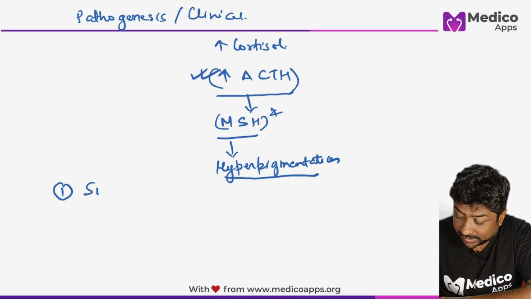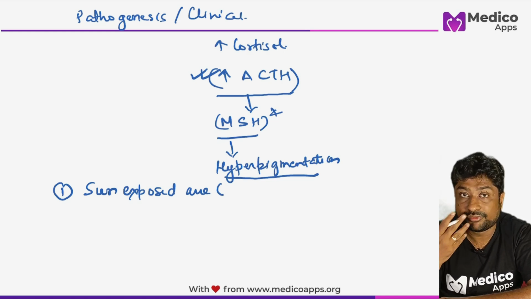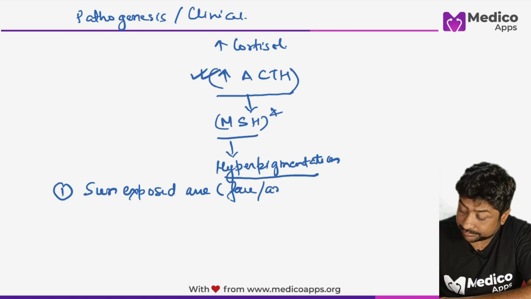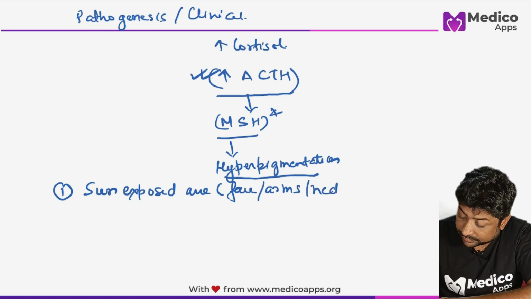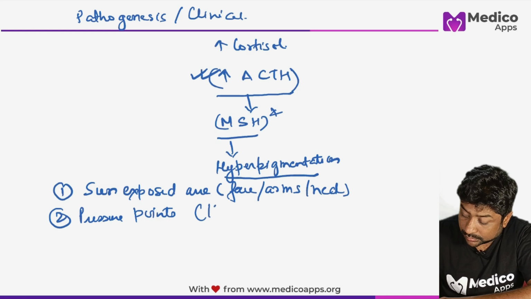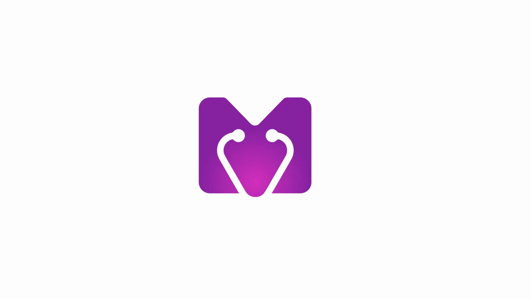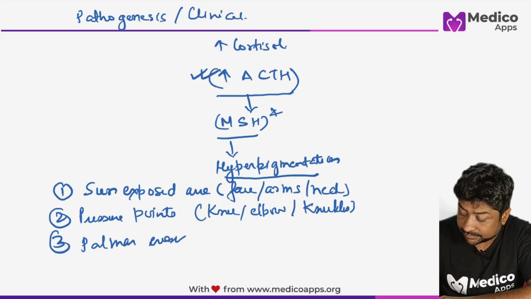Where is this hyperpigmentation found? It can be found in sun exposed areas. What are the sun exposed areas we are talking about? Face, arms, neck. They are also on pressure points. What are the pressure points? Knee, elbow, and knuckles, and creases, palmar creases.